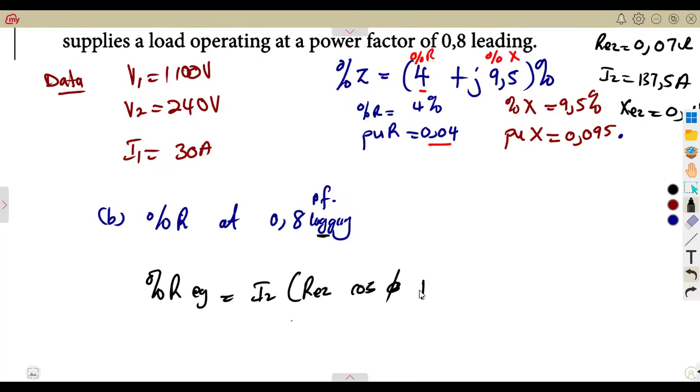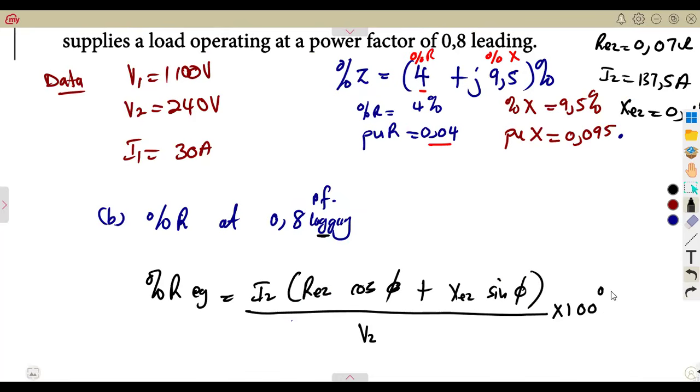So that's going to be a plus XE2, then we're going to have the sine of phi, everything over the voltage of the secondary side, times 100%. You need a percentage, so you must multiply by 100%.